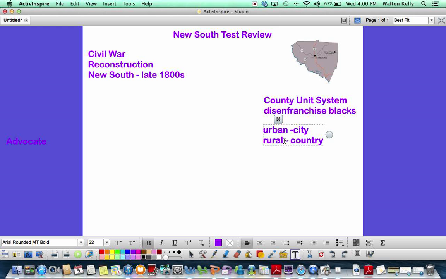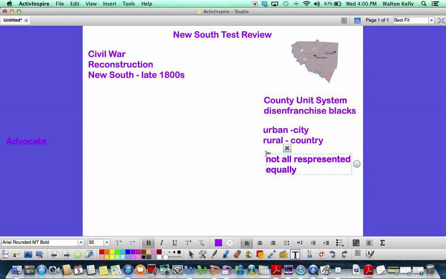We're going to say country to represent outside the county, outside the city. And you got different votes, so not all of these districts were represented equally.